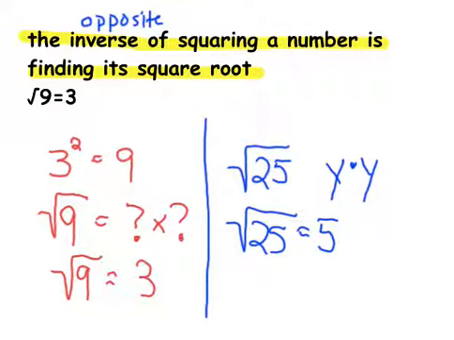Now notice, I don't write 5 squared. I don't write 5 times 5. You get to write the 5, and that's it. Just like over here, I didn't write 3 squared. I didn't write 3 times 3. I just wrote one single number, and that's the 3.